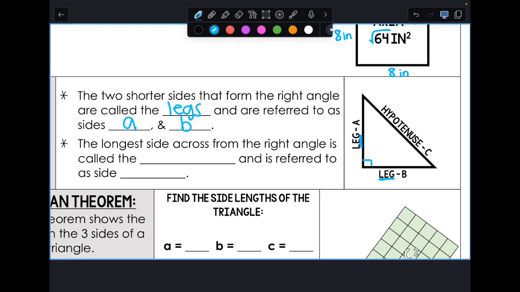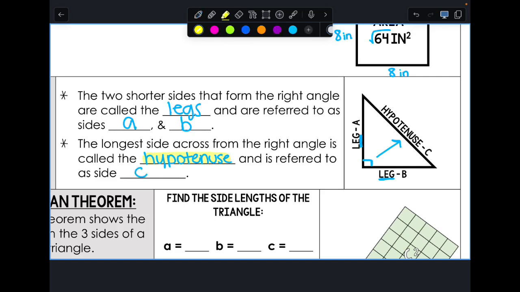The right angle is always the corner of the triangle, right? And the longest side will always be on the other side, opposite. And that is called the hypotenuse. Everybody say it with me. Hypotenuse. And it is referred to as side C.